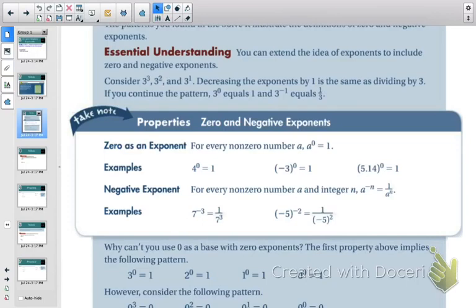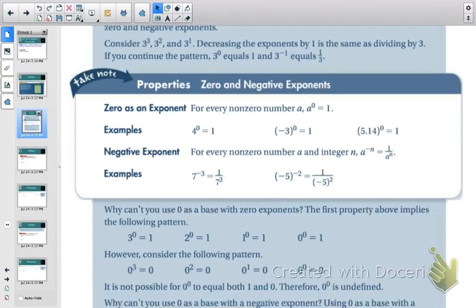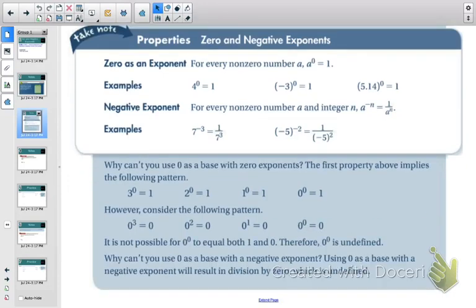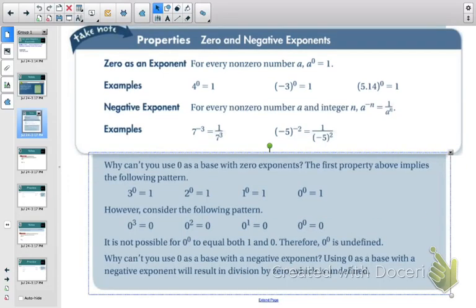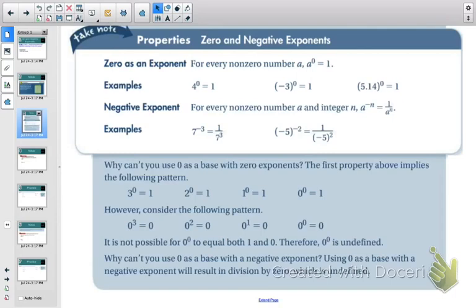This only works for non-zero numbers, so like this one, 3 to the 0 is 1, 2 to the 0 is 1, 1 to the 0 is 1. So if you look at this pattern, you would think 0 to the 0 is also 1. But then you have to consider this other pattern here. 0 to the 3rd is 0. 0 to the 2nd is 0, because 0 times 0 is 0. 0 to the 1st is 0, so that would imply that 0 to the 0 is 0.